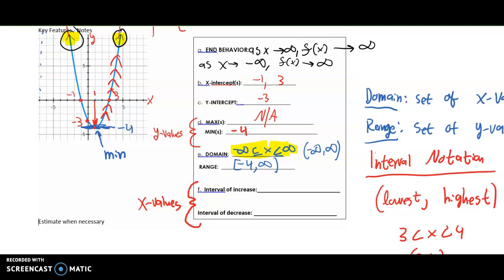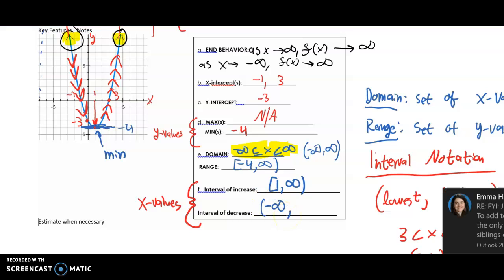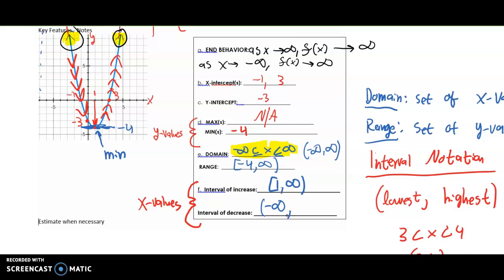So it starts increasing at 1, and then it keeps increasing forever. For decrease, I'm going down on this side. So it starts decreasing at negative infinity, and then the last time it is decreasing is at this positive 1.